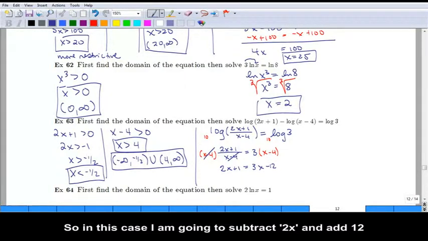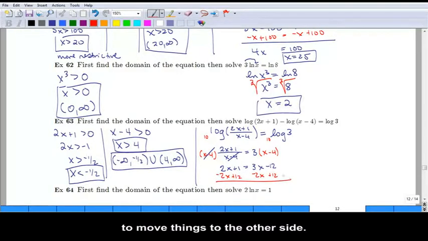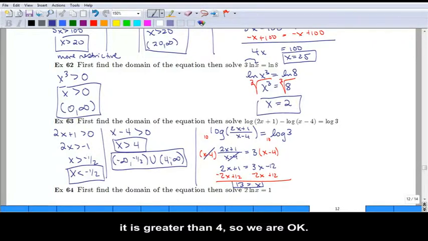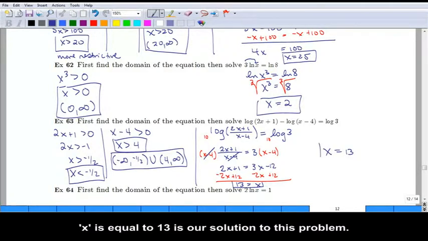So in this case, I'm going to subtract 2x and add 12 to move things to the other side, and we are left with 13 is equal to x. So if we check to make sure that that is in our domain, it is greater than 4, so we are okay. x is equal to 13 is our solution to this problem.